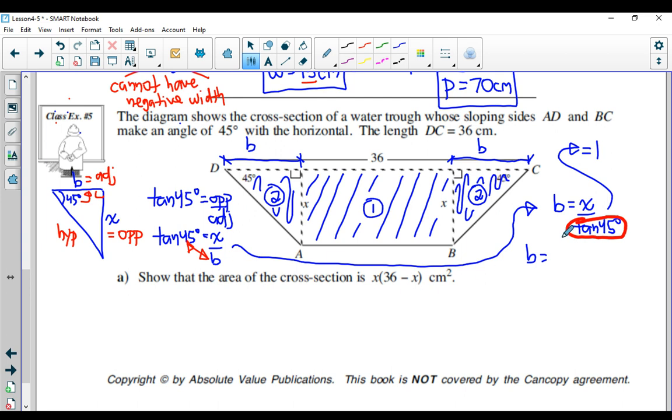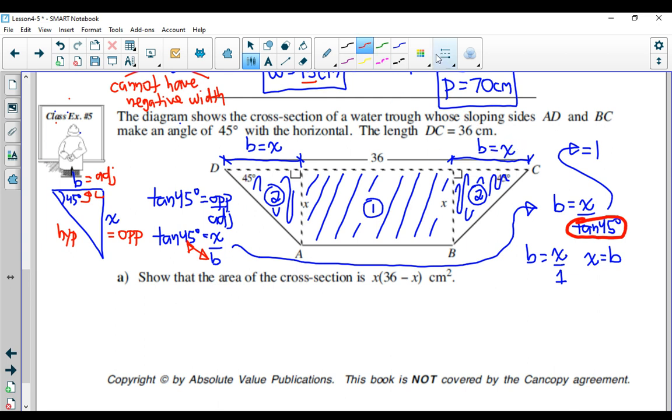Then if you plug in tan of 45, it would just be 1. So that means that b would be x divided by 1, which just tells you that x is equal to b. And again, that's a pretty obvious result. This is a 45-degree angle. It just means that side opposite and side adjacent are the exact same length. So b is equal to x.